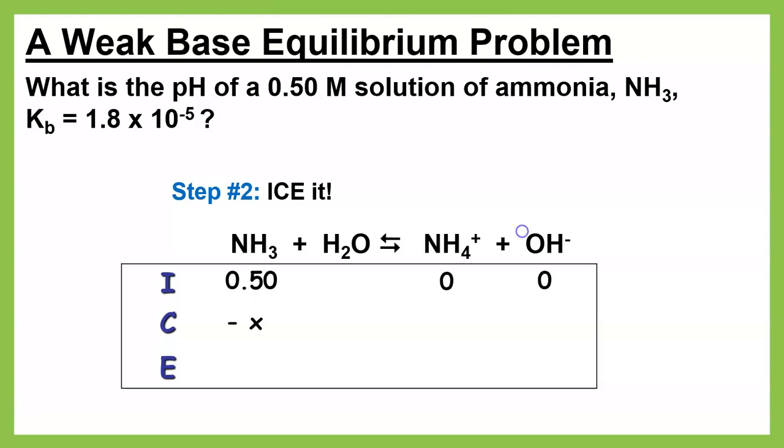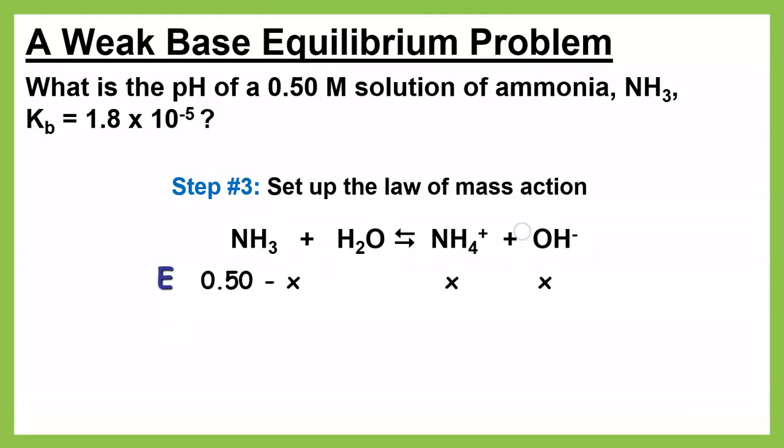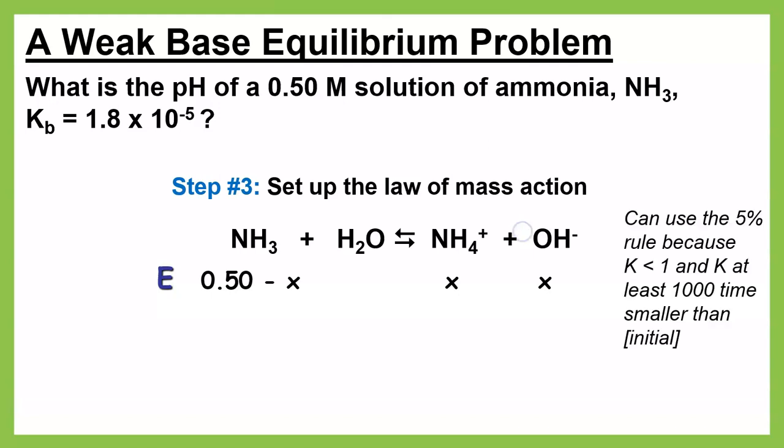All right. The nice thing is we had 1-to-1 ratios again, so just simple x's to deal with. Now what's step 3? Can you remember? Now we set up our law of mass action. I'm super duper happy because I can use my 5% rule.